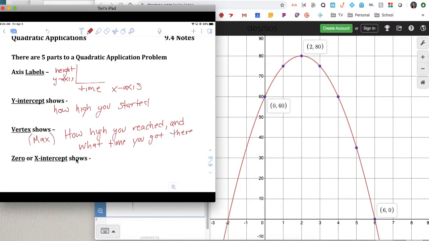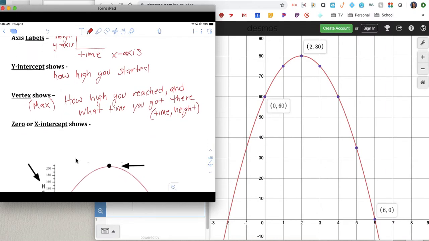Okay, I'm going to go ahead and make a quick note. It is usually going to be time, comma, height, because your time is your x and your height is your y. Okay? All right, last thing you need to know is the 0 or the x-intercept is a time. It is when you hit the ground.